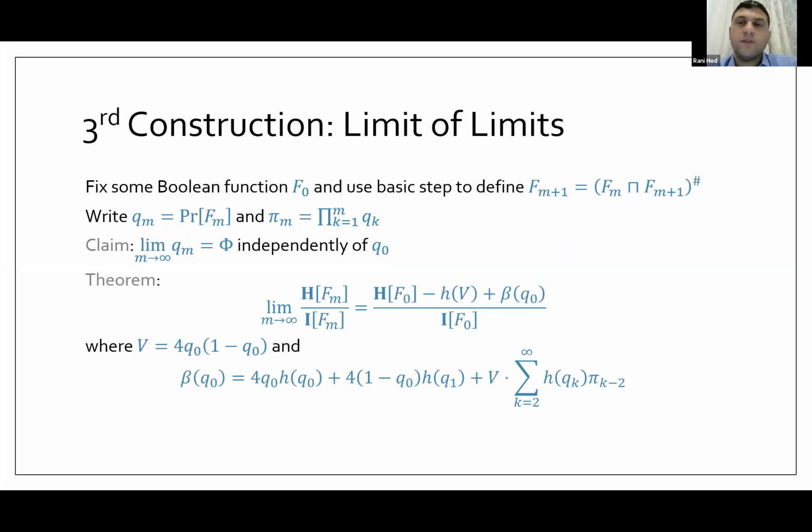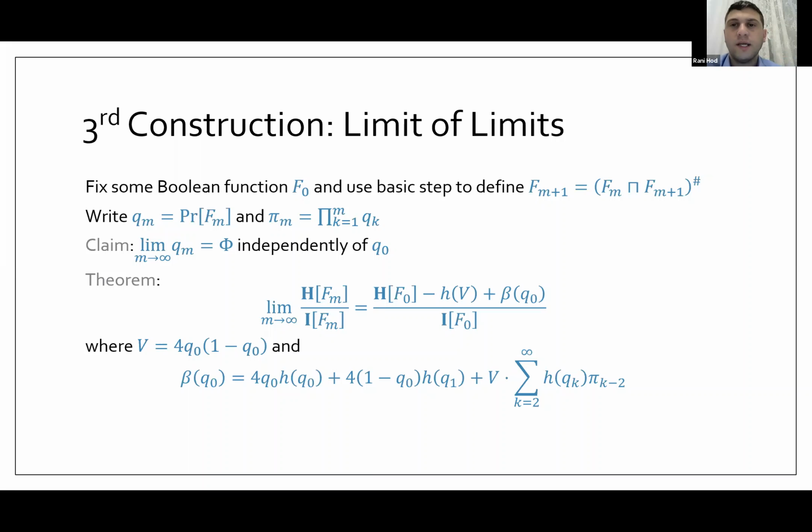And we have this theorem. We can compute what would be the limit of the ratio of the entropy and the influence for this function, the sequence of functions that we're building here. It has two components. One of them depends on the initial function. If you take the ratio of h and I of f naught, this is one of the things that we get.